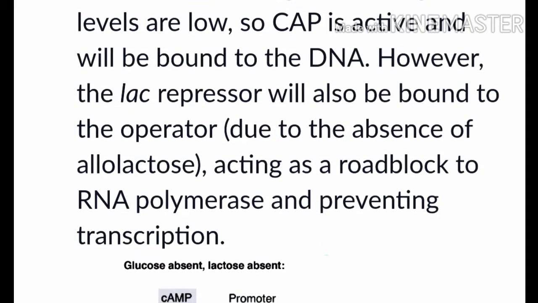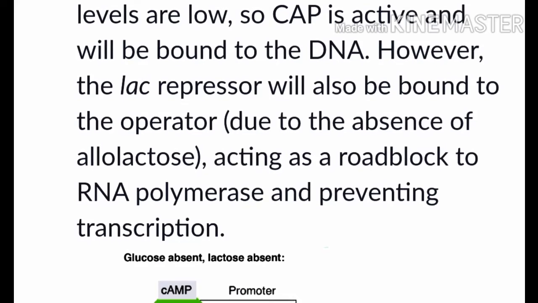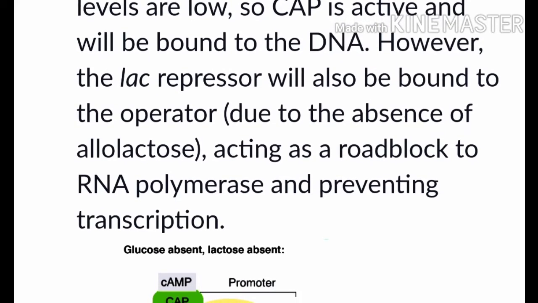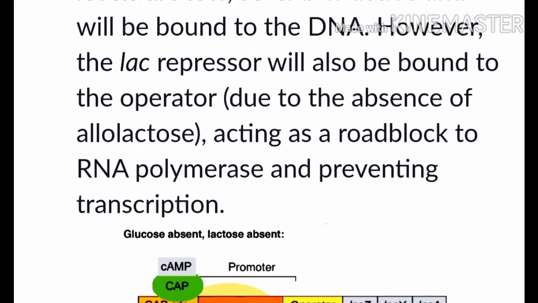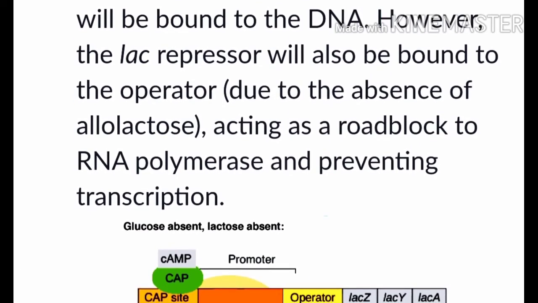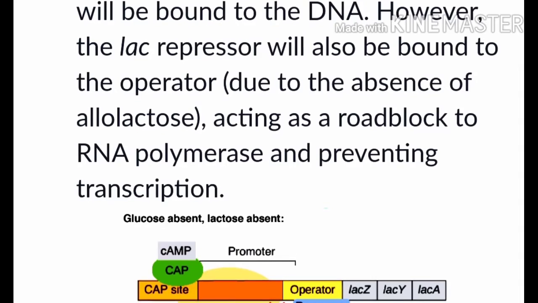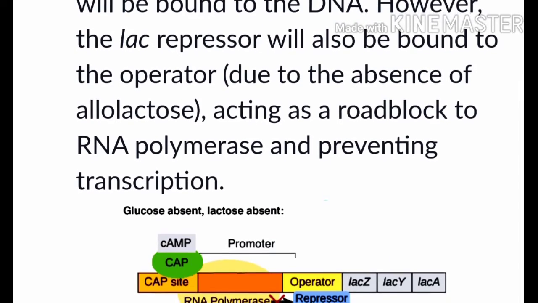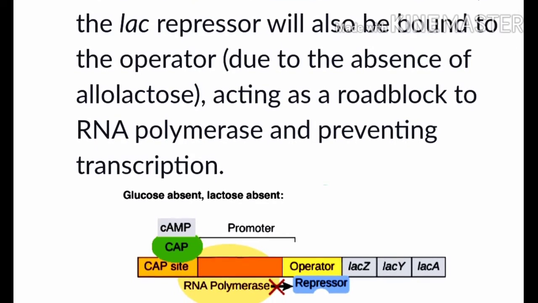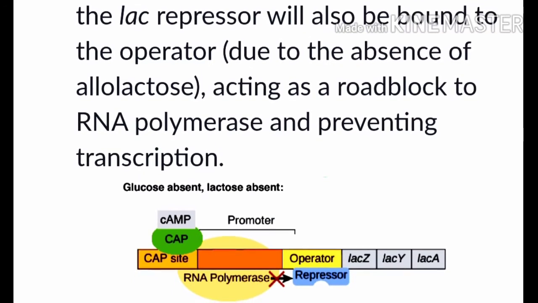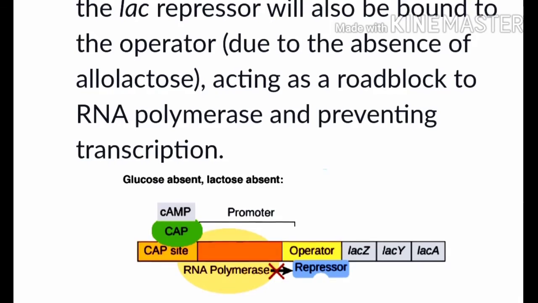However, the Lac repressor will also be bound to the operator due to the absence of the inducer, lactose, acting as a roadblock to RNA polymerase and preventing transcription of the Lac Operon genes.